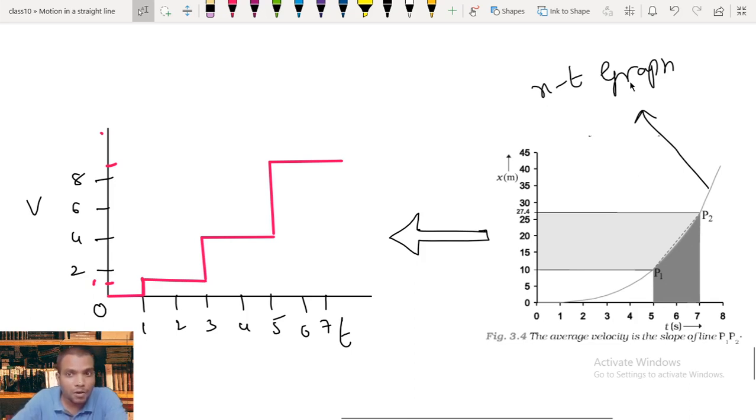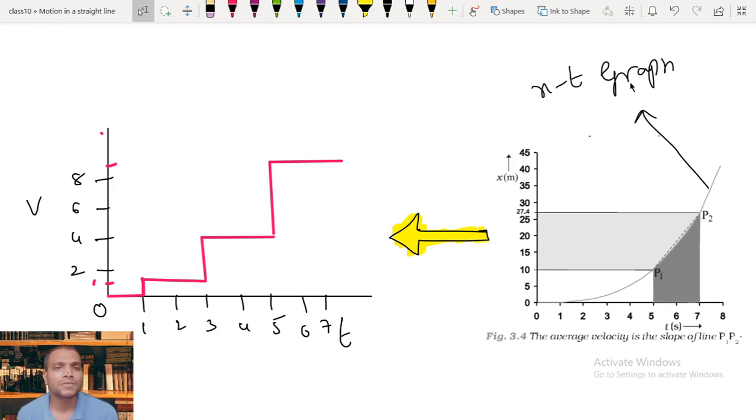How did we plot that? We plotted by taking segments. Non-uniform motion graph plotting is difficult because every time the velocity is different.